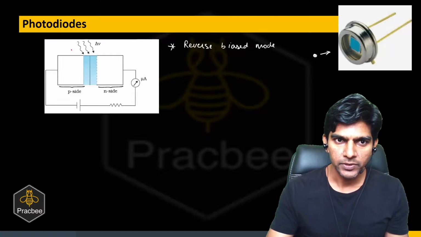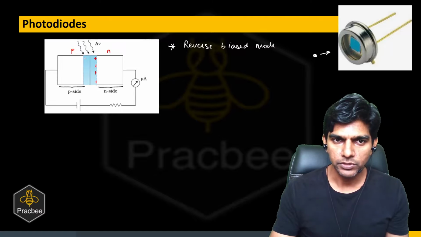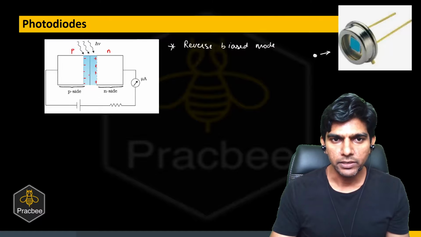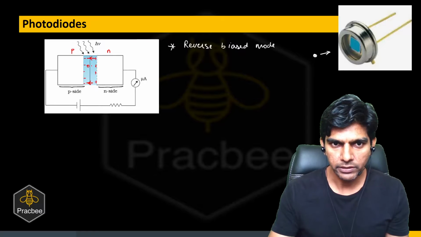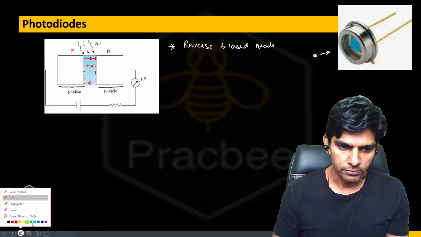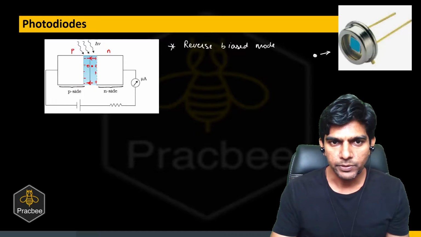Let's say this is the p side, this is the n side. Here we have the positive donor cores, and here we have the acceptor cores. And the field is in the left direction. So if an electron hole pair is generated, the hole will experience a force in the left direction, and the electron will experience a force in the right direction.